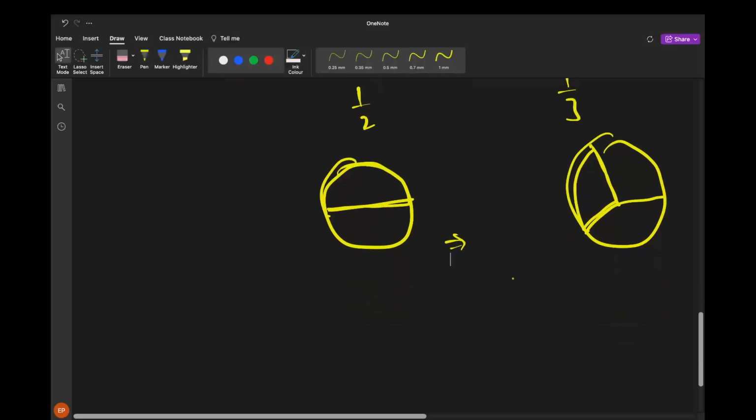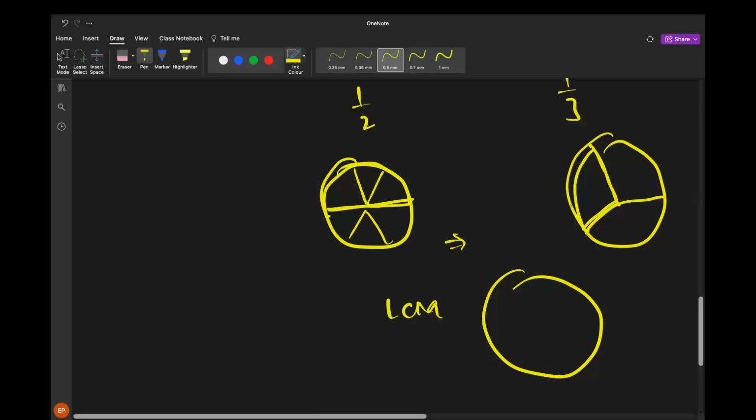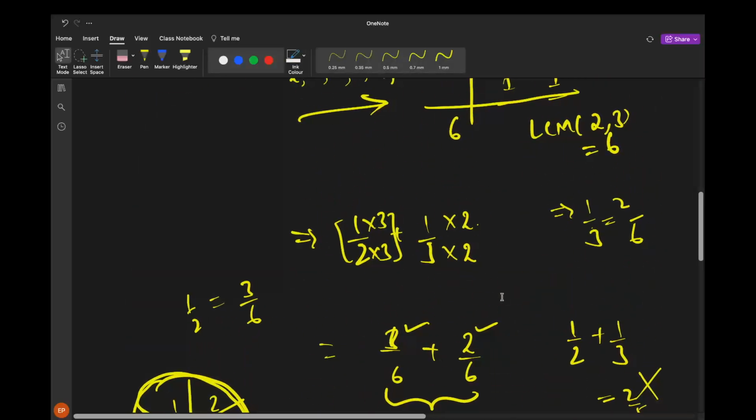That's why we take the LCM, which is 6. Divide here into 6 parts, and here also into 6 parts. Then you can add both. This becomes 3 by 6, this becomes 2 by 6. Then add both: 3 plus 2 gives 5 by 6. Like that, addition of fractions works.